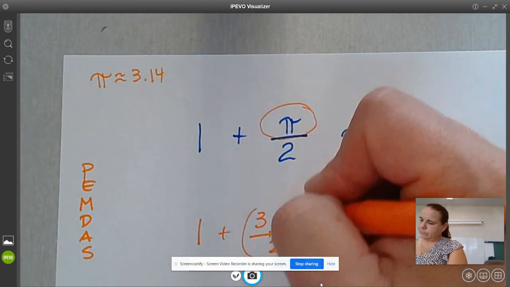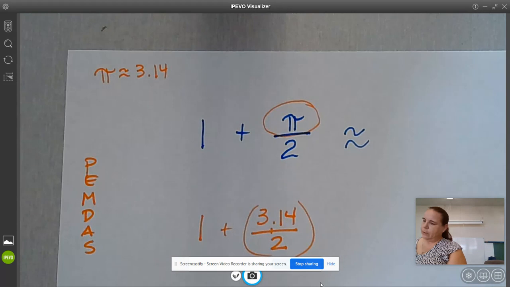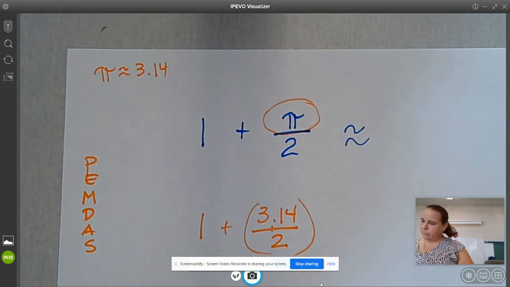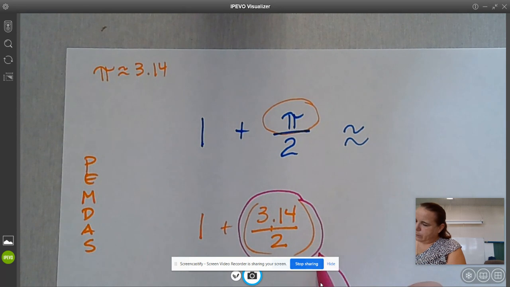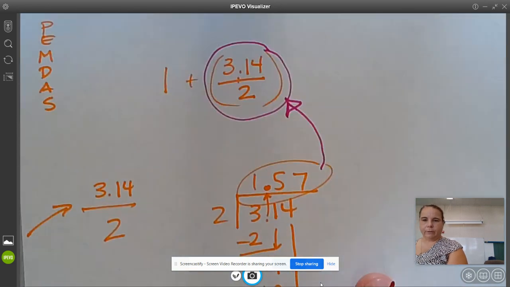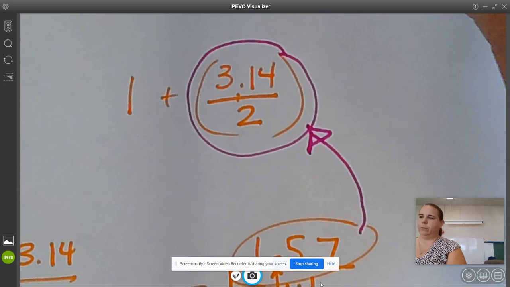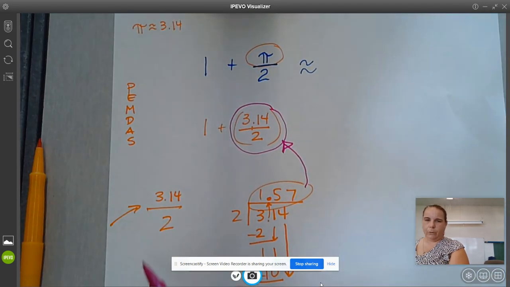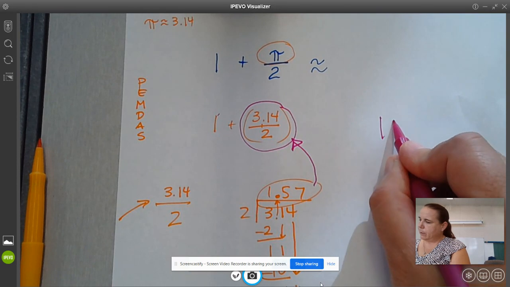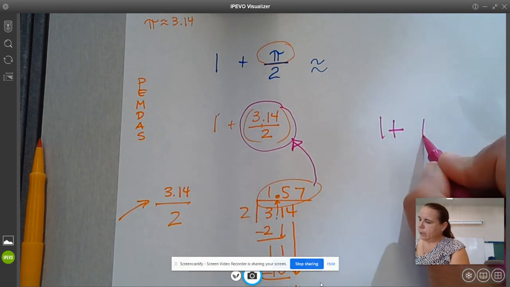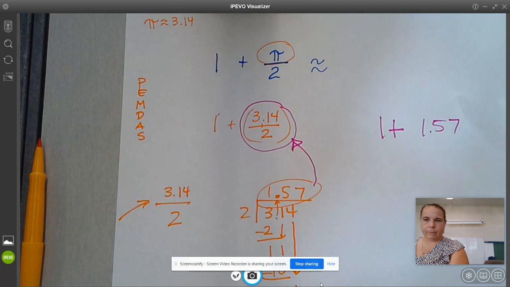So this right here, now we know that this is 1.57, but we're not done. Let me zoom out. I'm too zoomed in here. Oops, wrong direction. And so what you're going to do is, and you would have to rewrite this, right? You have the 1 plus the 1.57, right?